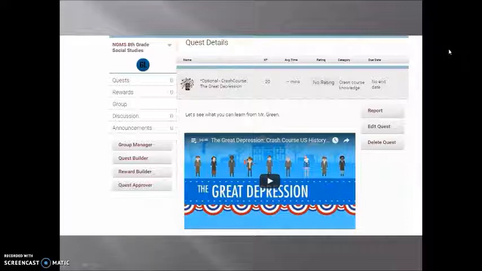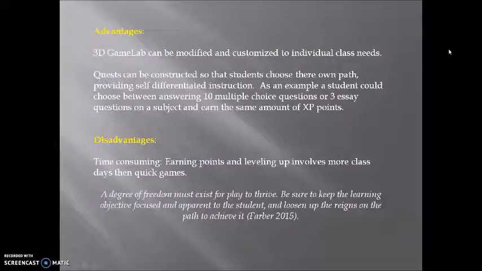These crash courses are about 7 to 10 minutes long, and they go over the information quickly. So it's a review of information that the students have went over. It's engaging, so the students tend to pay attention to it, and that constant review helps reinforce the information so they're able to retain it.